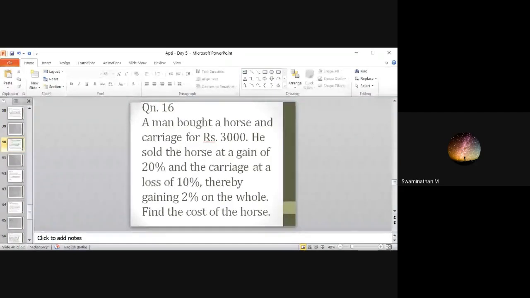2941.17. Any other answer? Any other answer, or shall I repeat the procedure? 1200.